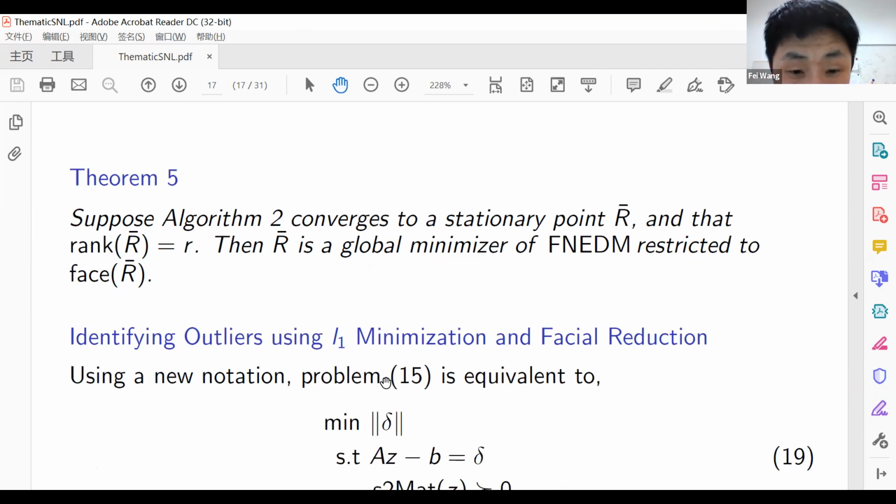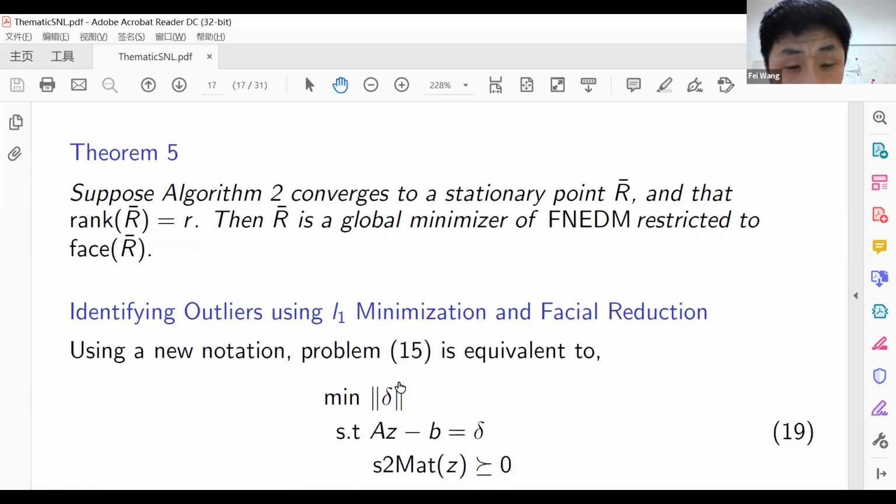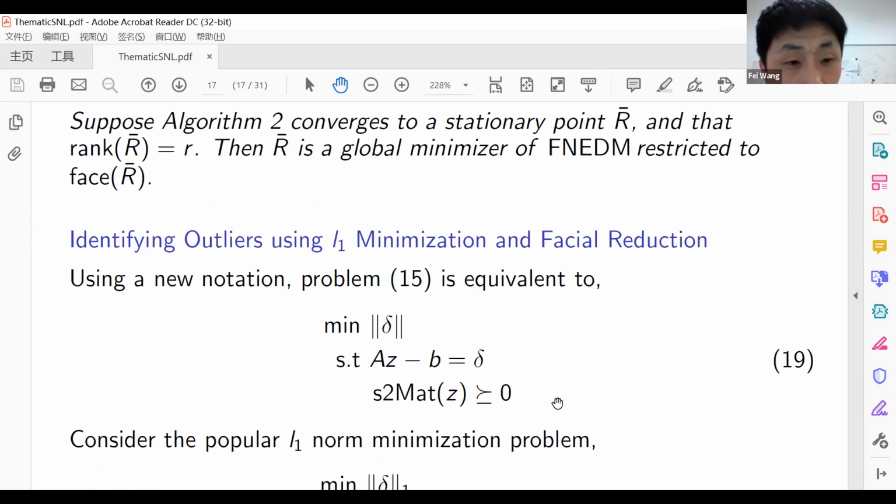Okay, so one advantage of this feature reduced problem is that we can identify the outliers using the L1 minimization and the facial reduction. This is because by facial reduction, the size of the problem is reduced, but the number of constraints is not reduced.